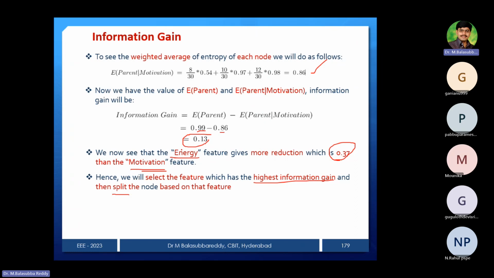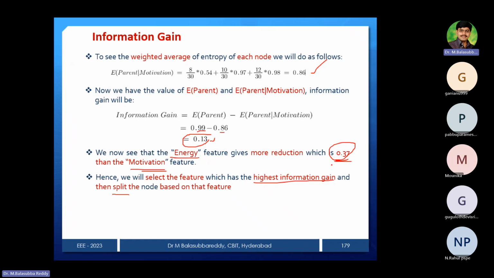Here the information gain is 0.13 when motivation is the root node, whereas when energy is the root node, the information gain is 0.37. That's what we can find, so whenever we measure the impurity.